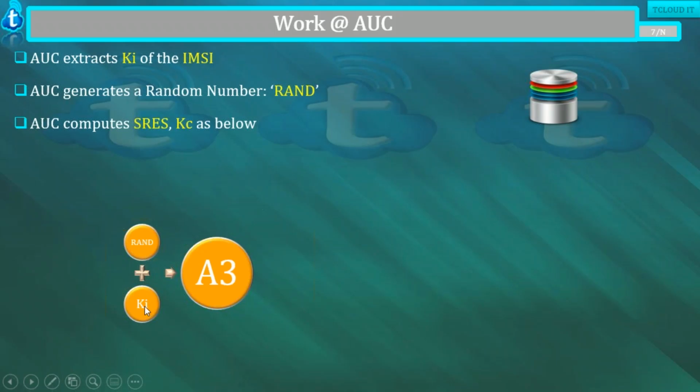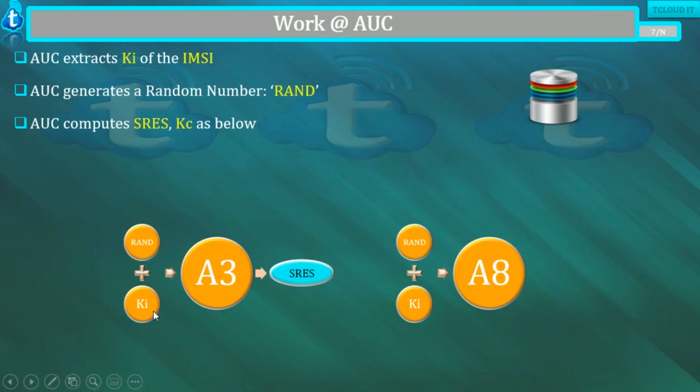One input is the random number, the second input is K. By taking two inputs, this A3 algorithm will generate the parameter called SRES. That means to generate this SRES, the A3 algorithm always requires two inputs. One is a random number, the other one is K.